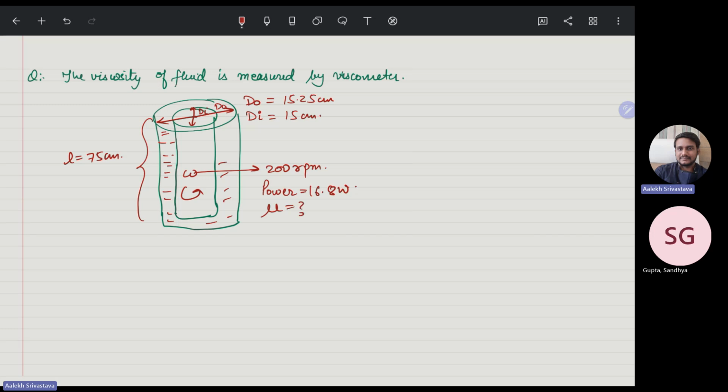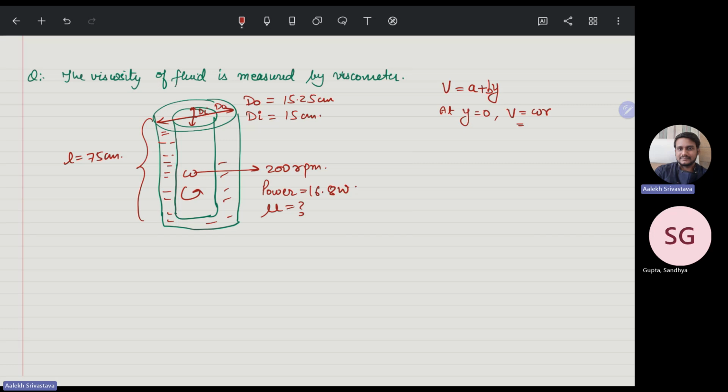As you know, we need to assume that in between the plates the velocity profile is linear. So first we assume a linear velocity profile v equals a plus b times y, where y is the distance between them. The boundary condition is at y equal to 0, v is equal to omega r, where omega is given as 200 rpm, which we can convert.